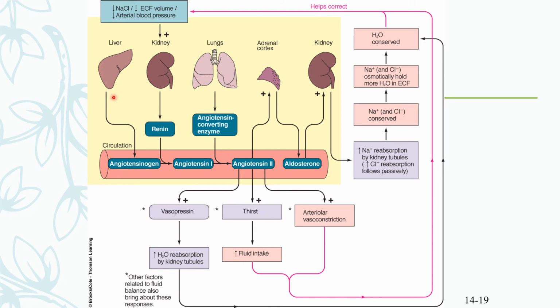So again, you can see the relationship. The liver is involved. We've got stuff going on in the lungs. Adrenal cortex, again, will release some of those hormones for us. And again, here's what's going to happen. So we're going to have an effect on fluid and thirst, and also water conservation, as well as sodium levels.